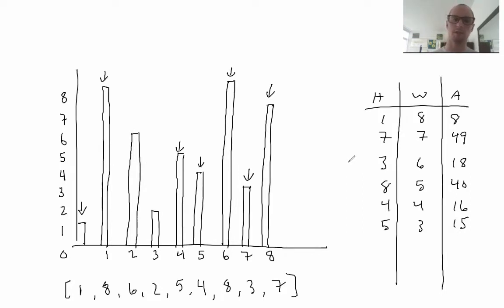So we'll decrement the ending pointer again, giving us a height of 2, a width of 2, and an area of 4. Finally, we will decrement the ending pointer again, giving us a height of 6 and a width of 1, giving us an area of 6. So you can see, going through this algorithm, our maximum area is 49. So we would return 49 as our answer.